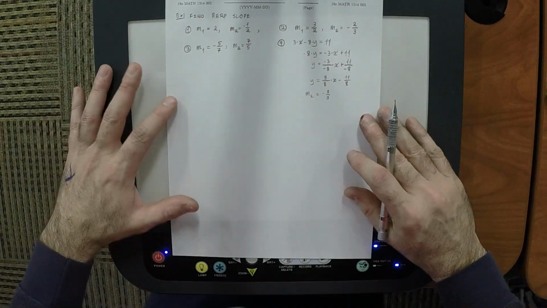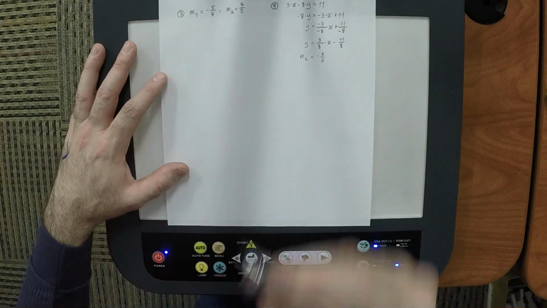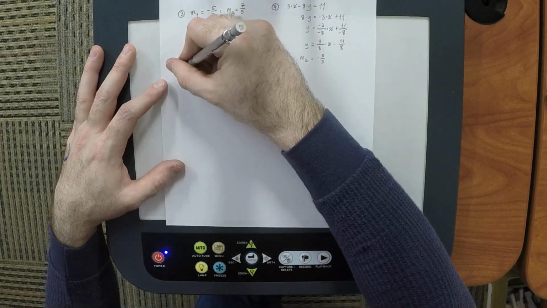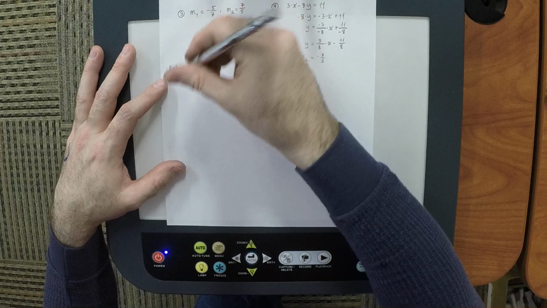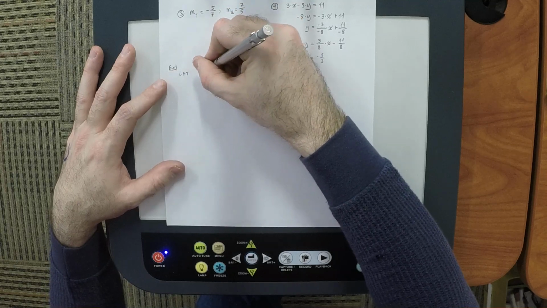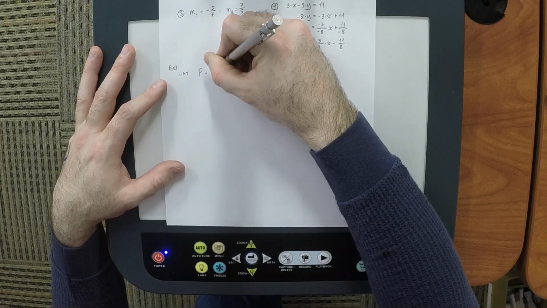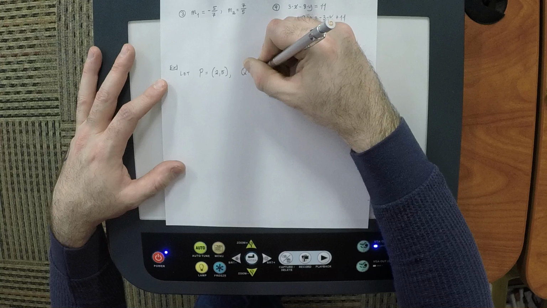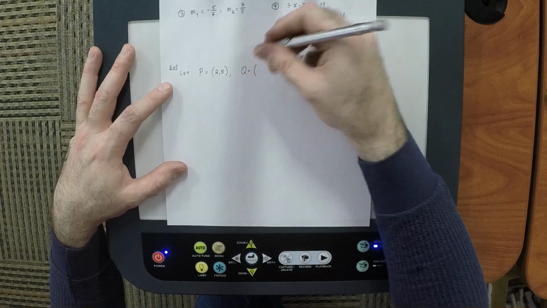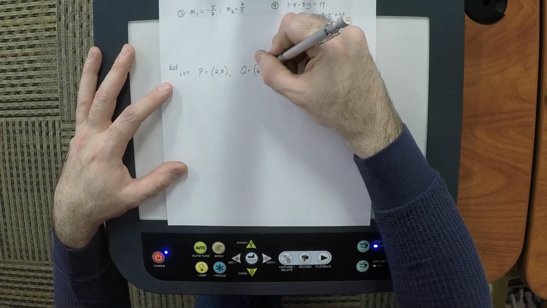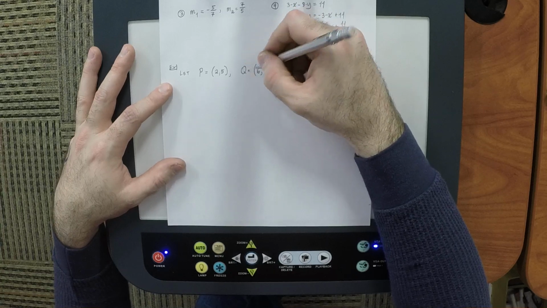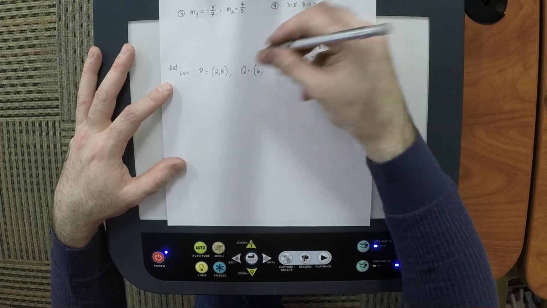All right, so here's sort of a typical question. Let point P be equal to, say, (2, 5), and let point Q be equal to, say, (6, 10).